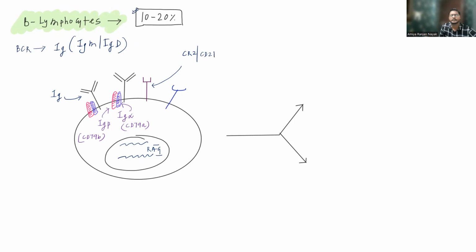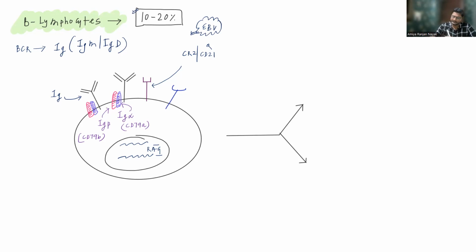CR2 is complement receptor 2, otherwise known as CD21. It's very important because this is also a receptor for Epstein-Barr virus. Epstein-Barr virus has a predilection to infect or involve the B lymphocytes, and that is possible because of this co-receptor.